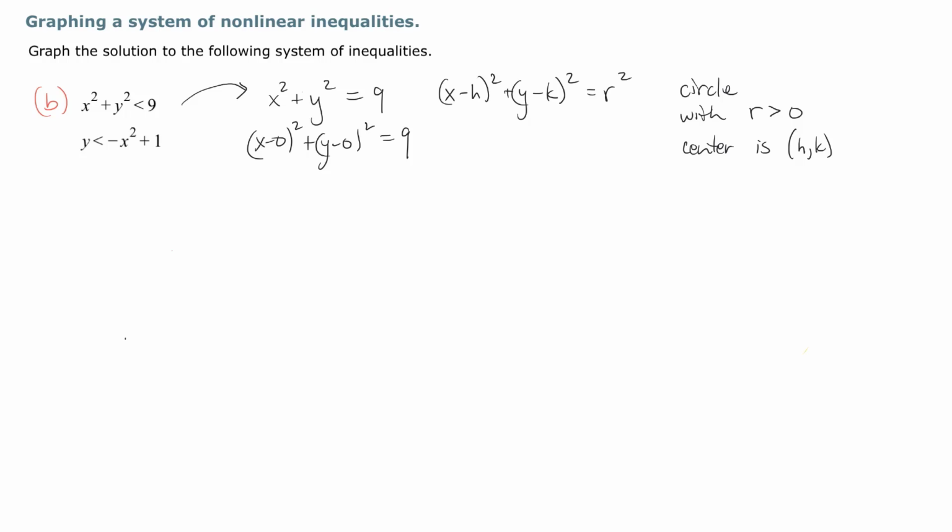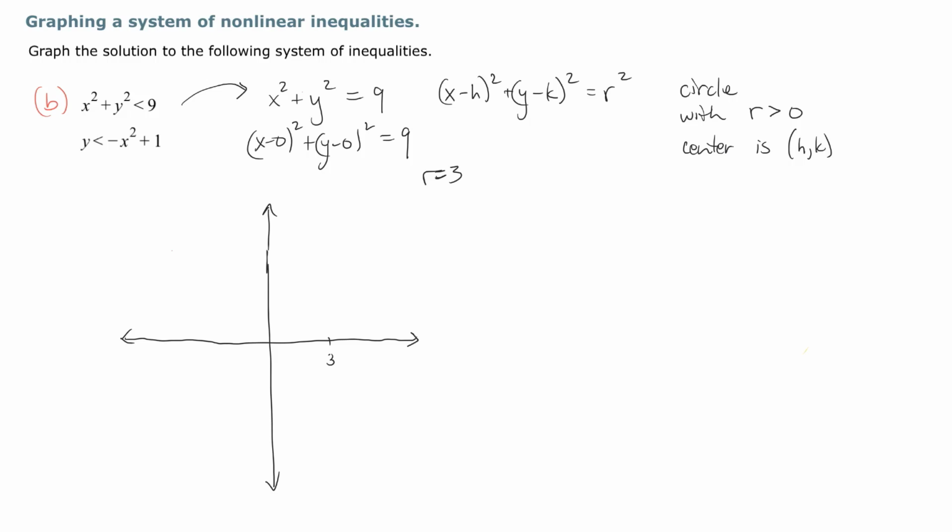First thing you want to do is graph that dotted circle. How do you graph a dotted circle centered at 0, 0? The center is the origin, and you already know the radius, r is 3. So you actually know 4 ordered pairs.